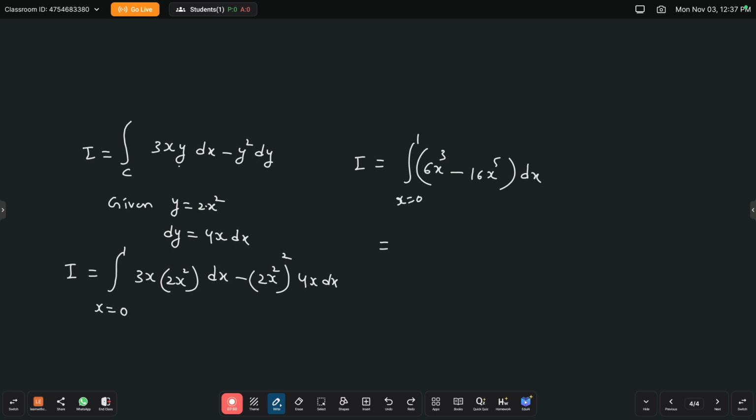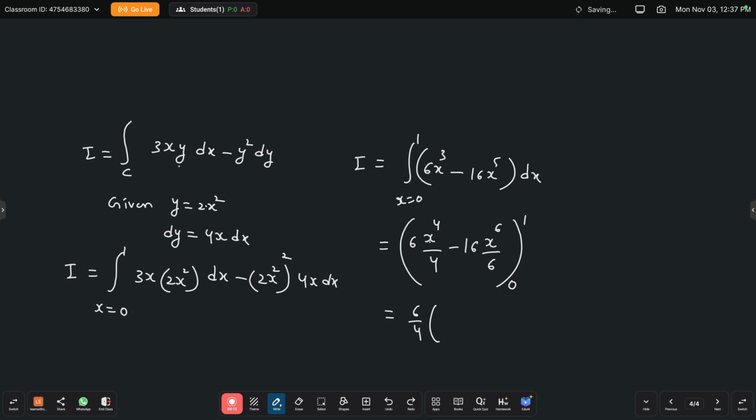Now all of you integrate this expression with respect to x. 6 is constant. What is the integration of x cube? x power 4 by 4, minus 16 times the integration of x power 5, which is x power 6 by 6. Limits varying from 0 to 1. Now here 6 by 4 is constant.